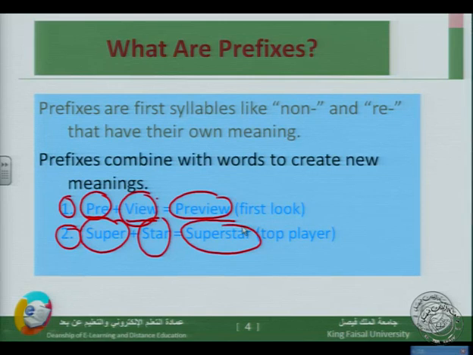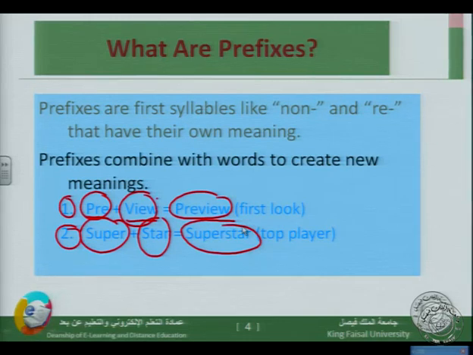We learn prefixes and suffixes for the purpose of improving our speaking skills. On the blackboard, I want you to share with me the reasons, purposes and goals of learning prefixes and suffixes, and how they can improve and develop your speaking skill.